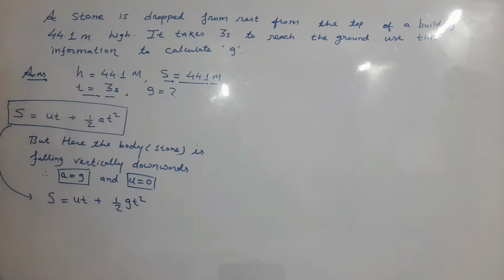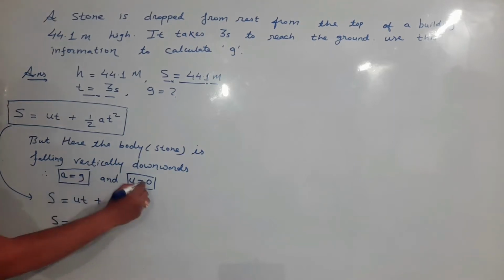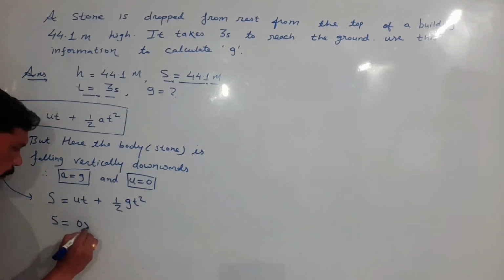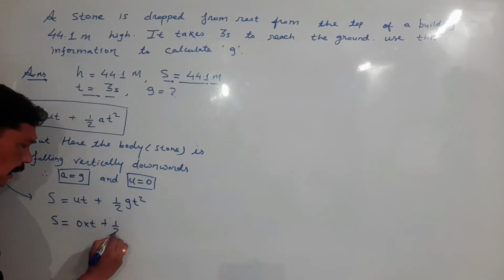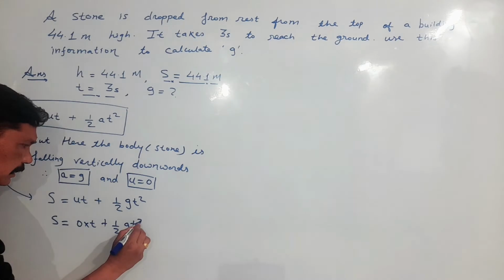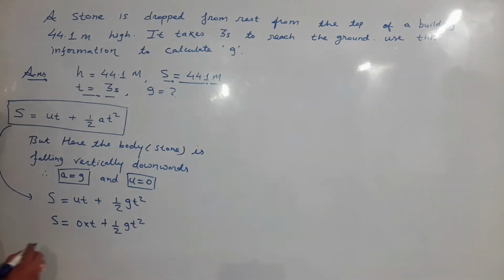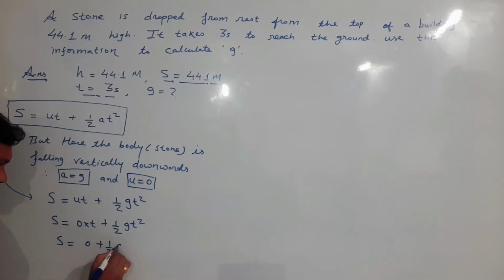Now my dear student, here u is 0. So 0 into t we can write plus half g t square. So S is equal to 0 plus half g t square.